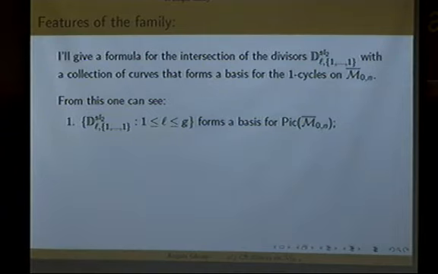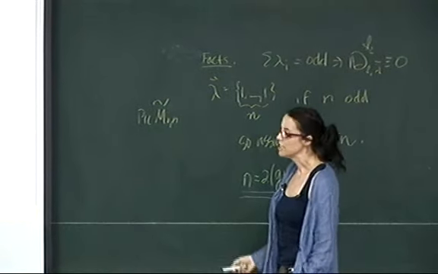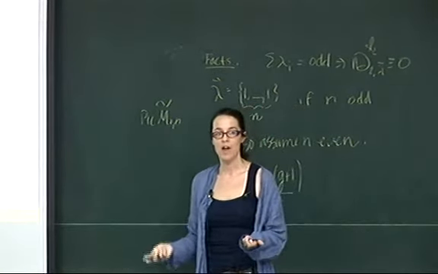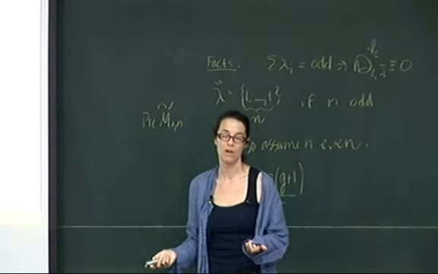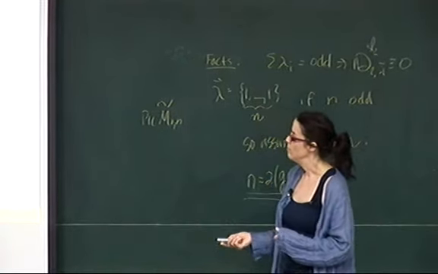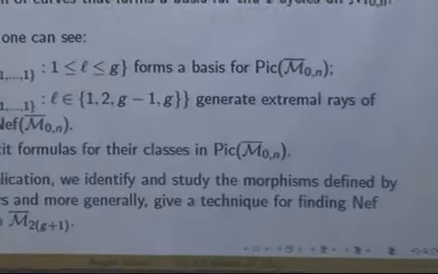It should be a basis for Pic M0n tilde. And actually 4 of the members of this family span extremal rays of the Nef cone. Okay, so I'm going to give explicit formulas for their classes, and as an application, we're going to study the morphisms.